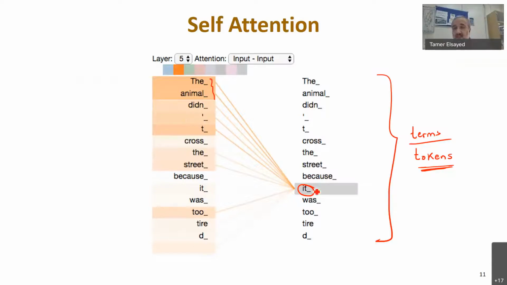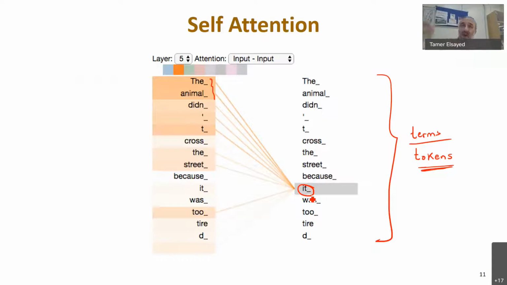Now, the self-attention layer does this for every word, or for every token. For every token, there is an attention vector that shows which words are more related to that word. What is the impact of that?